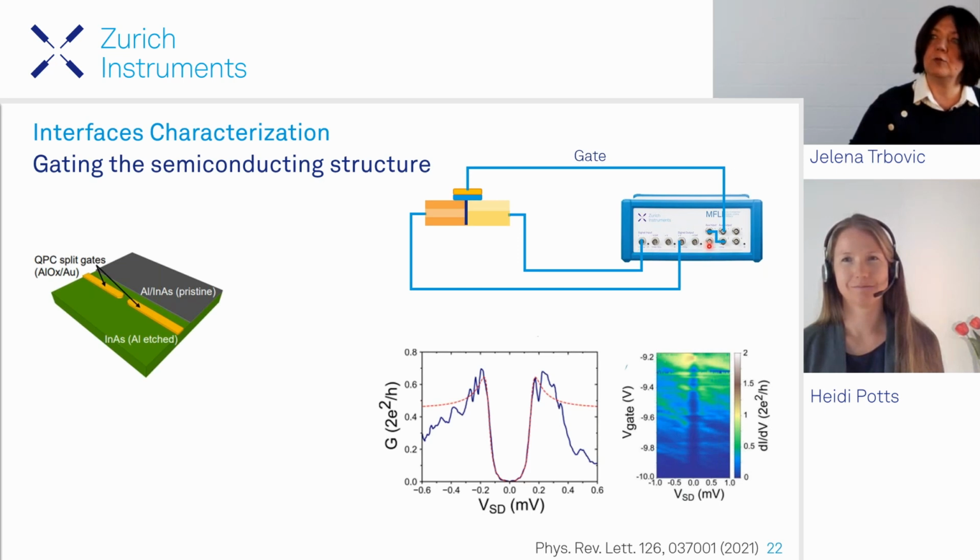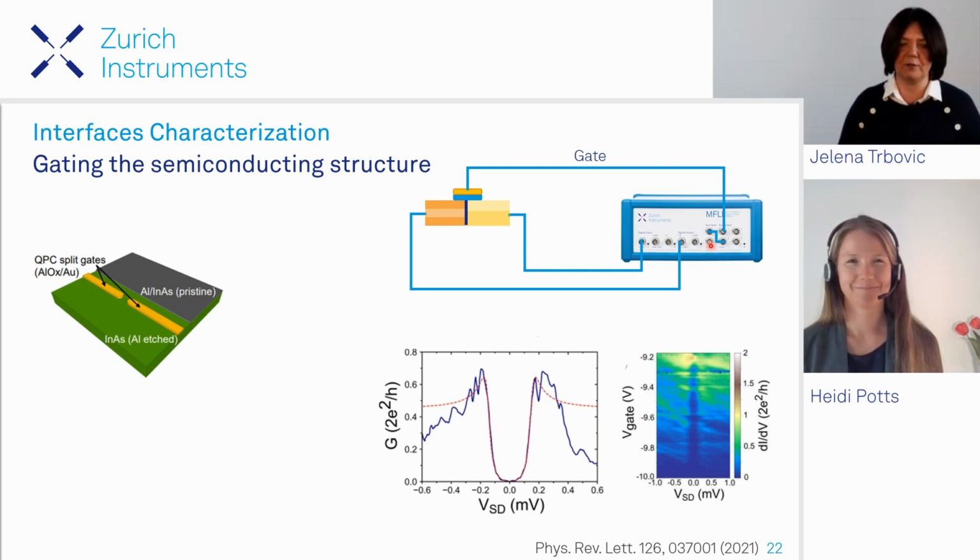And then you have auxiliary input over here that in case of MFLI with the so-called multi-demodulator option, you can use these as well to demodulate voltage signals as well. And at least, so I would say at least 4, but there are different ways you can measure even more.